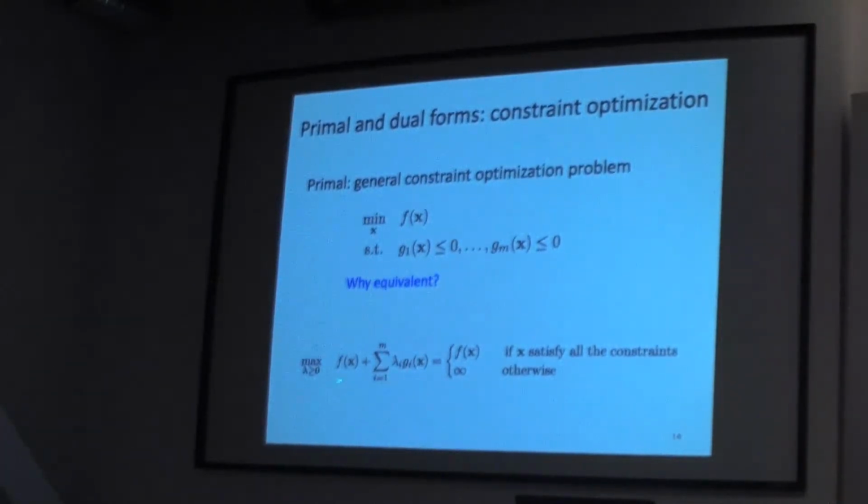So we can take a look at this maximum value of the Lagrange function. If this given x satisfies all the constraints in the original problem, meaning g1(x) less than or equal to 0, g2(x) less than or equal to 0, and gm(x) less than or equal to 0, what's the maximum value of this Lagrange function with respect to lambda?